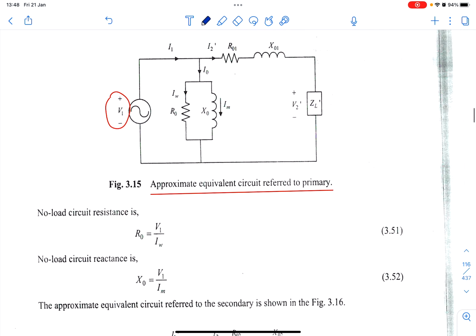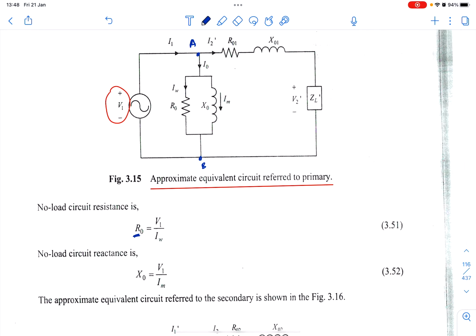So if you want to calculate R0, since the voltage drop across this point, A to B, is the same as the supply voltage, so if you want to calculate R0 using Ohm's law, V1 is equal to R0 Iw.